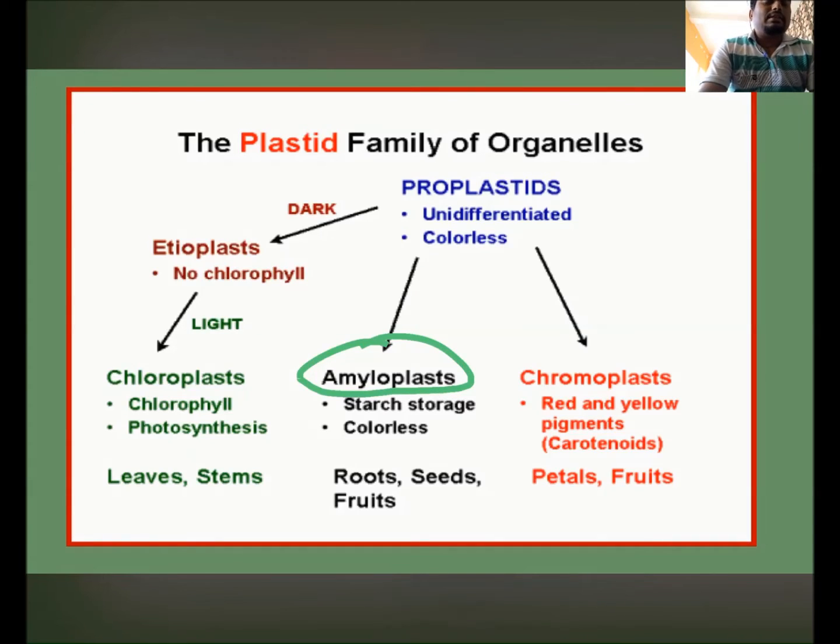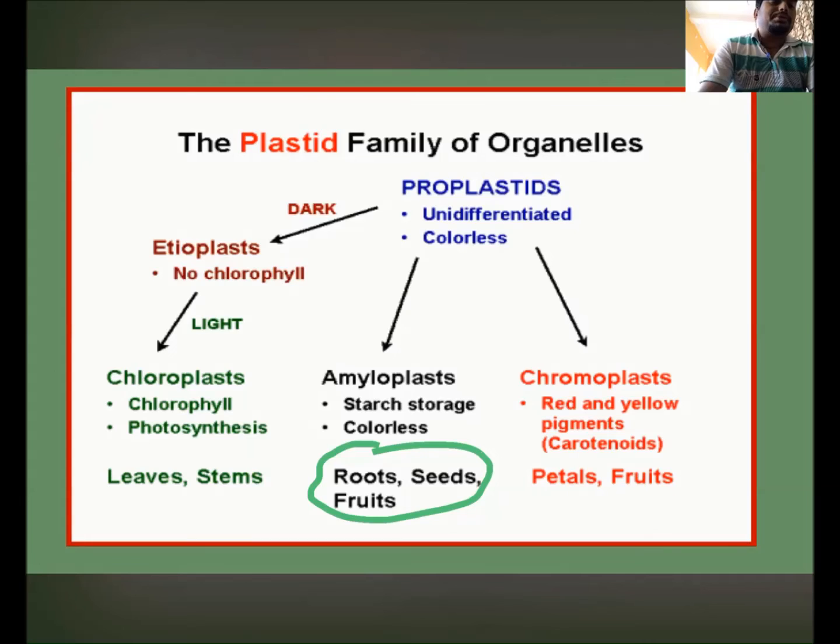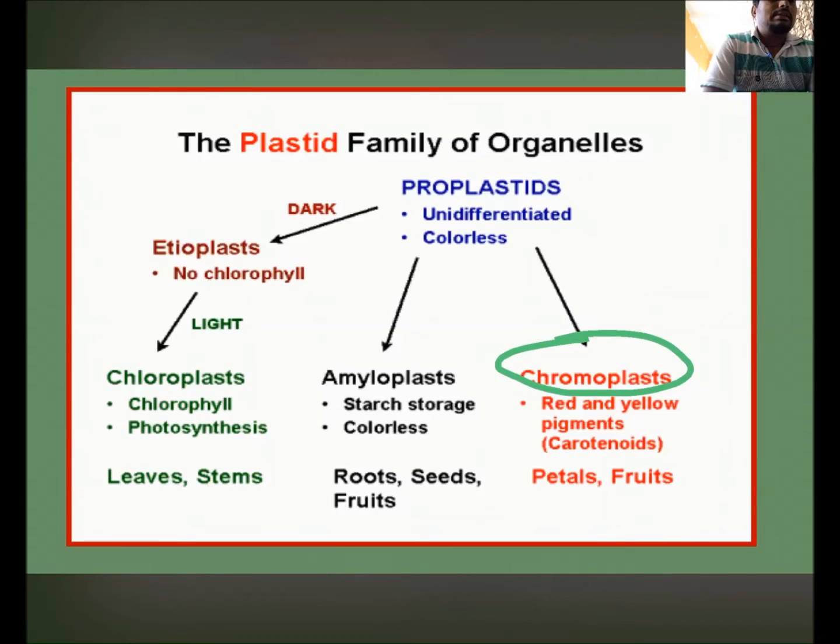Amyloplast, as we have seen in leucoplast, stores starch. It's called amyloplast and it is colorless. This is one of the leucoplasts and it is present in roots, seeds and fruits. Chromoplast. This chromoplast is a colored plastid. It may be red and yellow colored. These are carotenoids.